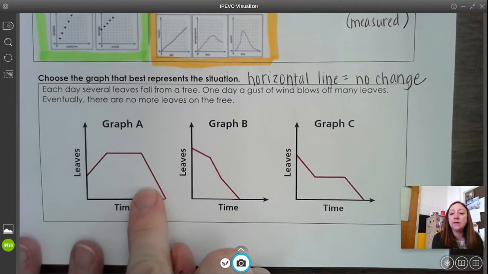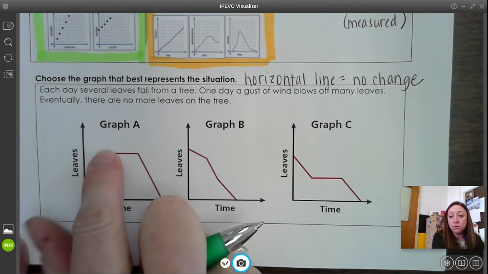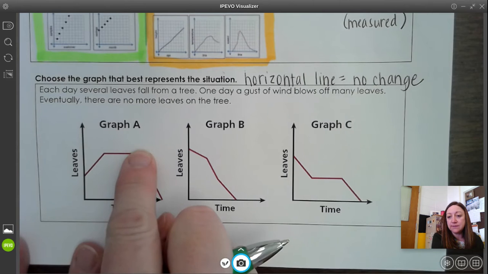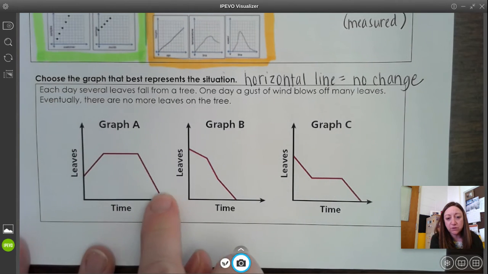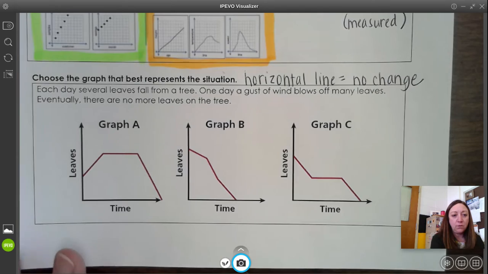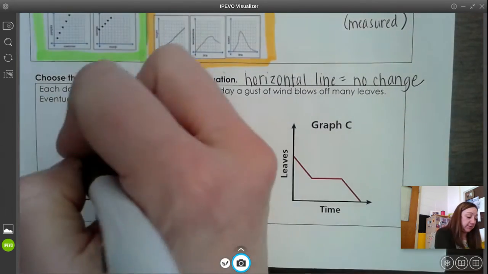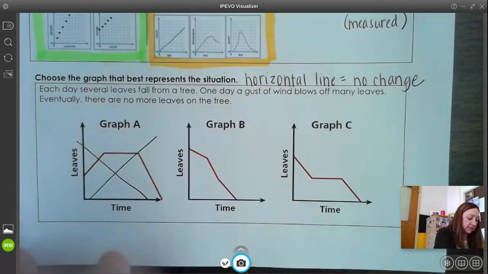Okay, so what's going on here is we're increasing the number of leaves. So the tree's getting more and more leaves, and then it stays the same for a while, and then they drop off, so there's eventually 0 leaves on the tree. Okay, and that's not where we're at here. Okay, here it's talking about the leaves are falling from the tree to start, so it can't be this one.